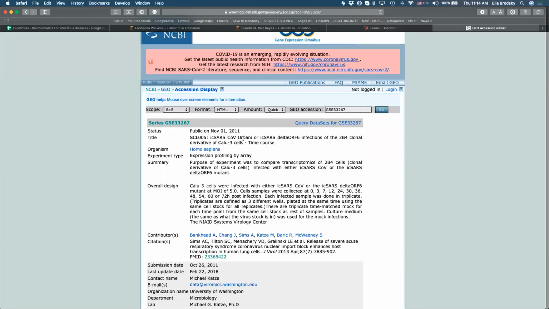Essentially they took a wild type and a Delta ORF6, in other words, the whole genome of this virus without the ORF6, and they wanted to compare transcriptomics of 2B4 cells infected with these different mutants.